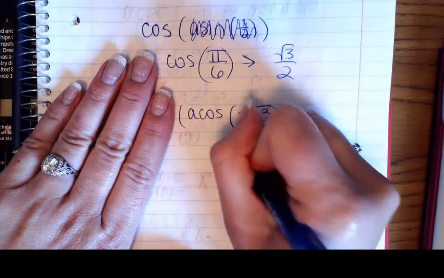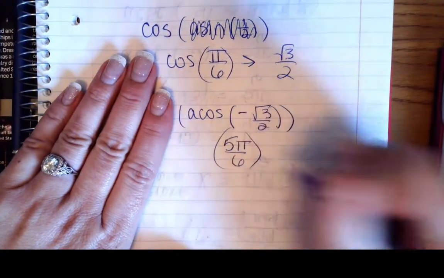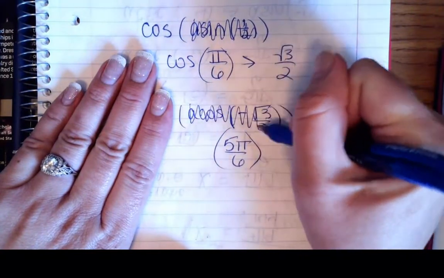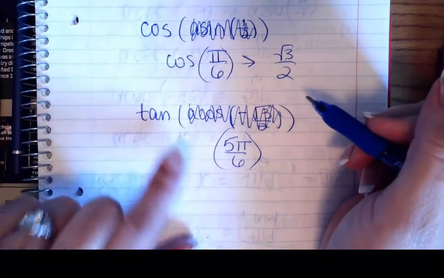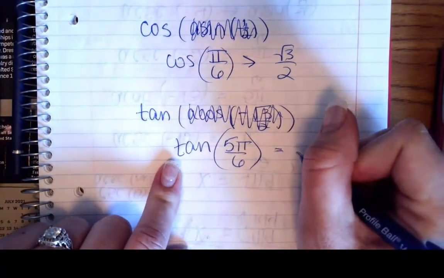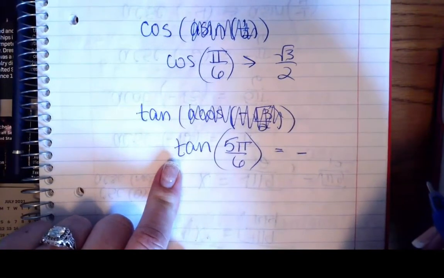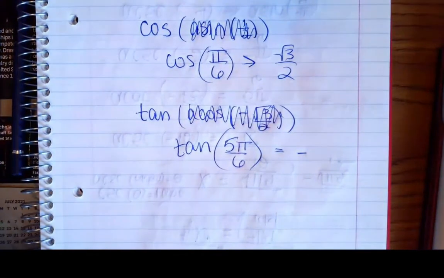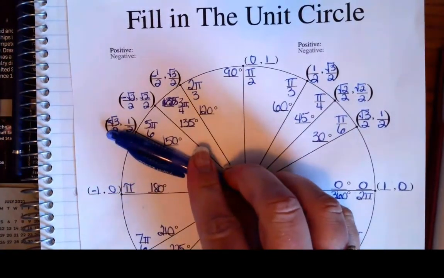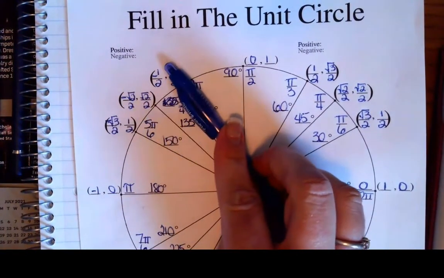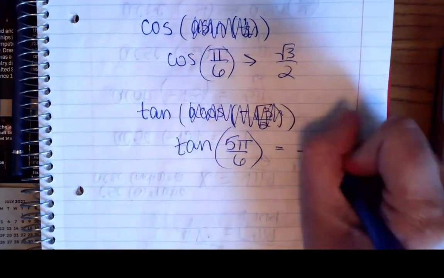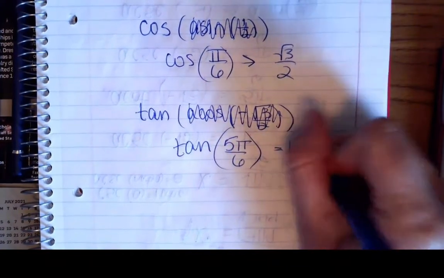That occurs at 5 pi over 6. So you've answered the statement. Now I'm going to take the tangent of 5 pi over 6. Tangent is negative in quadrant 2, and tangent grows. So remember, this is going to be 0. This is √3/3. This is 1. This is √3. And this is undefined. So it's going to be negative √3/3.